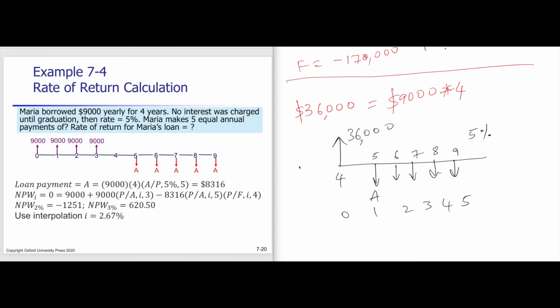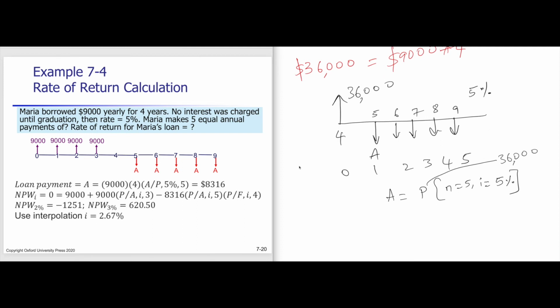Given P, you have to use the formula: what is A given P? You have to look up the textbook. N is 5, I is 5%, P is 36,000. I'm not going to solve it, but this is how we calculate A. Once we calculate, we should get A to be 8316. That's what is given in the textbook.